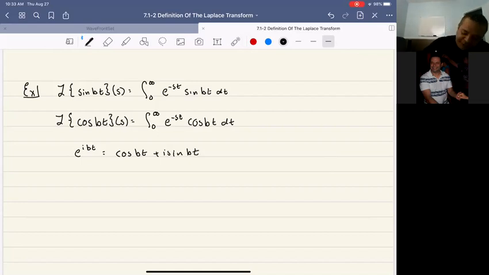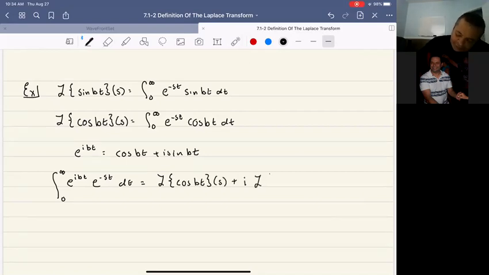So what we're going to say is that e to the i bt times e to the negative st, integrating from 0 to infinity in t, should equal L of cosine bt plus i times the Laplace transform of sine of bt.